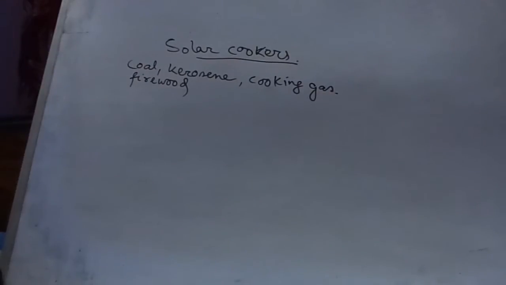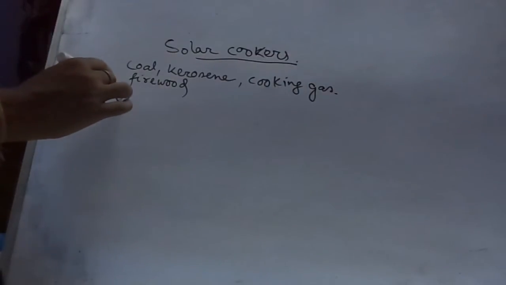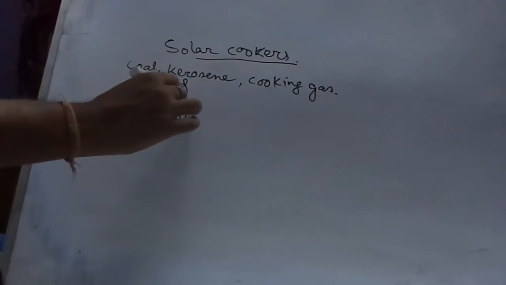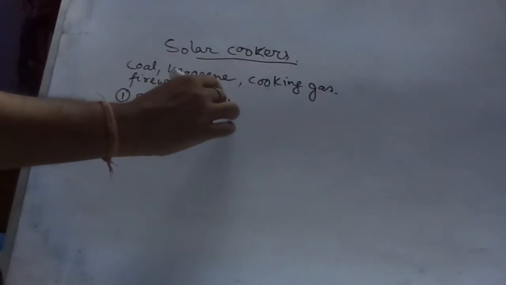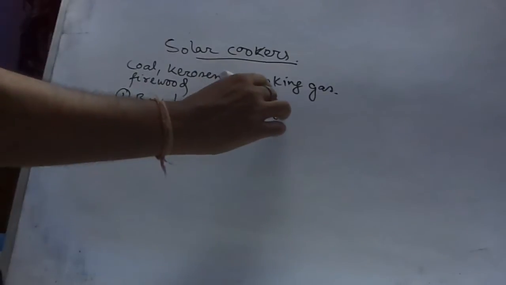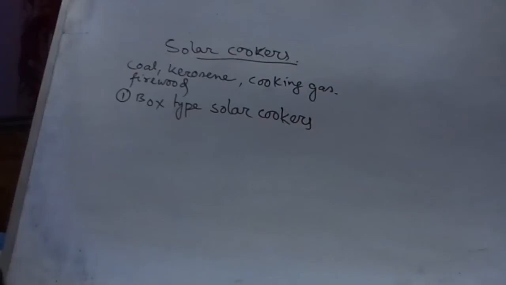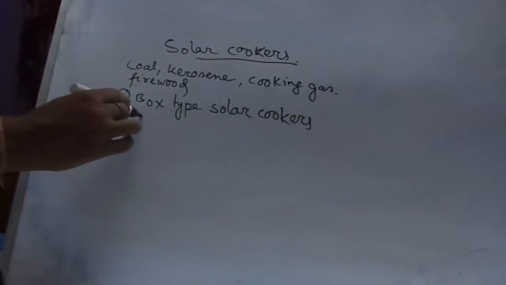A variety of solar cookers have been developed which can be clubbed into 4 types of basic design. First one is the box type solar cooker. Second one is the dish type solar cooker.